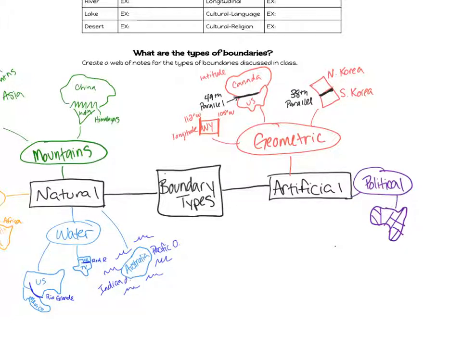Okay, awkward. All right, one thing we need to write down is that this is an example of superimposed. Okay. So superimposed means that these are lines that are drawn over ethnic groups.